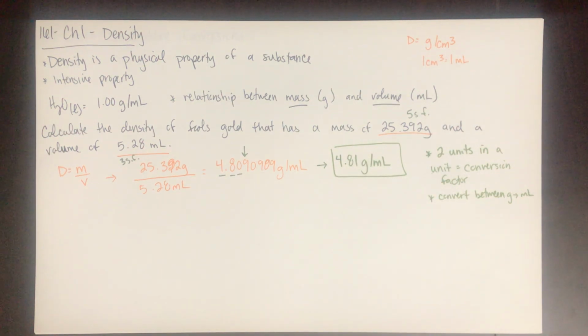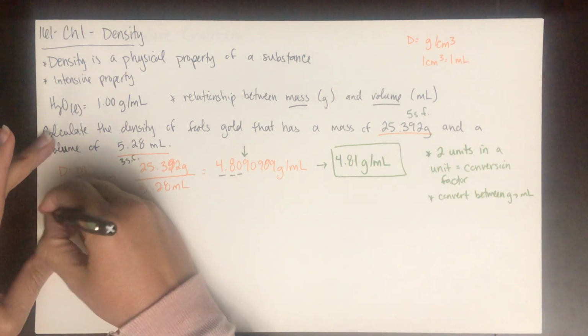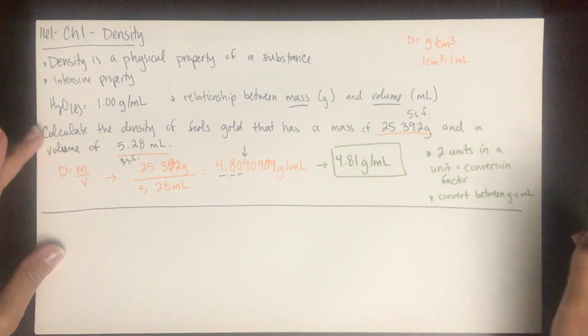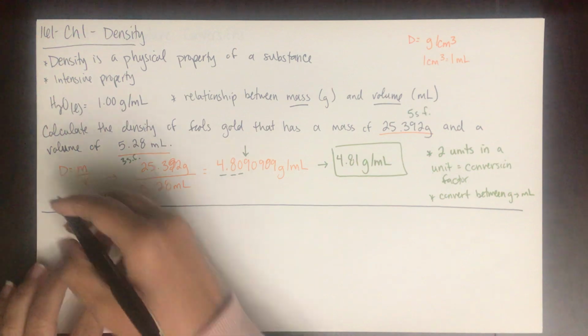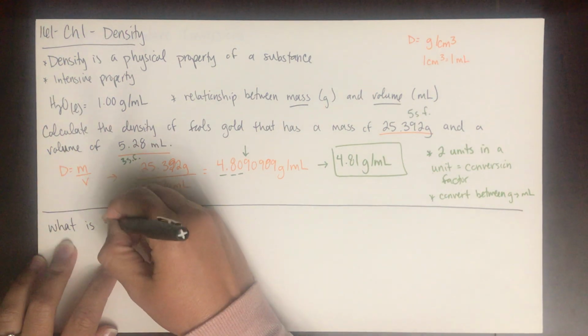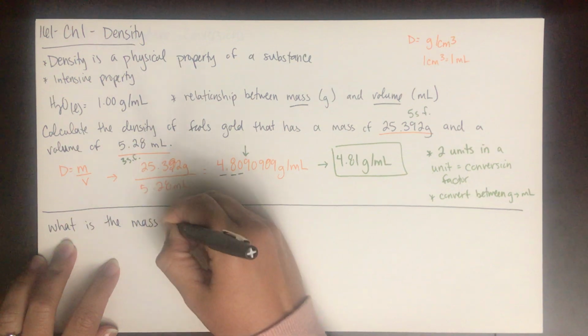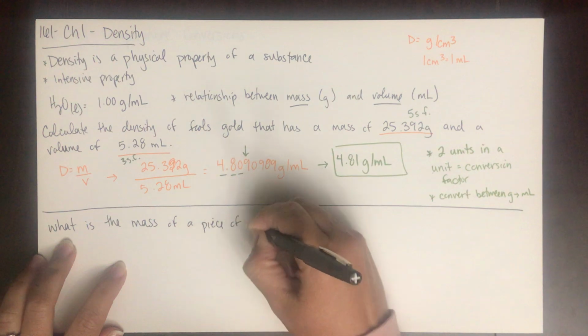as a conversion factor. So let's look at an example where we use the density that we just calculated as a conversion factor. So let's say, what is the mass of a piece of fool's gold?